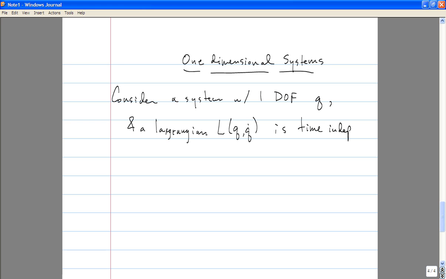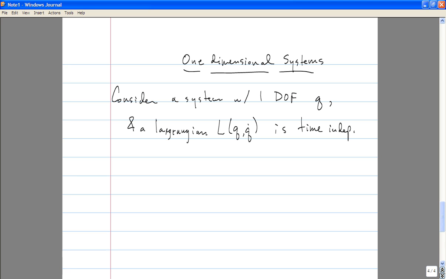So whereas a general one-dimensional system would have a Lagrangian that could include some explicit dependence on time, such as would be the case, for example, for a driven oscillator, I would like to consider systems where the only dependence of the Lagrangian on time is implicitly through the degree of freedom Q and its derivative.